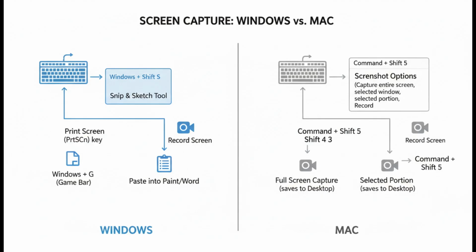For Mac users, keyboard shortcuts allow quick screen captures and recordings directly through the operating system. Please do not worry about memorizing all of these shortcuts immediately. The purpose of this slide is simply to show that modern media production often begins with very ordinary tools already built into the devices we use every day.